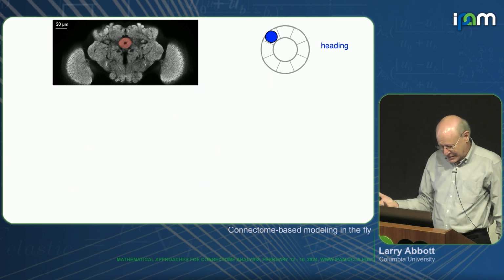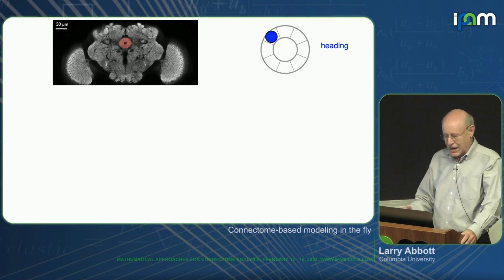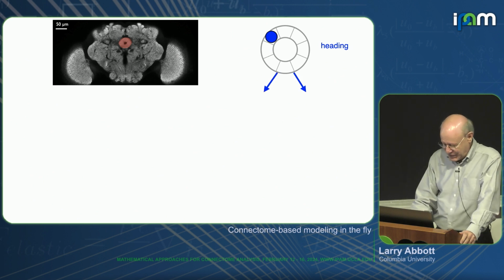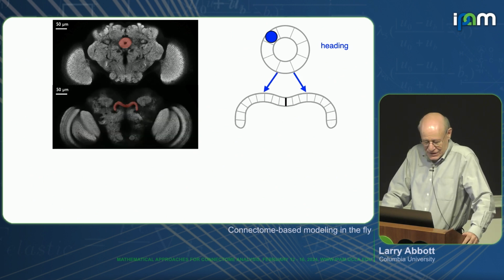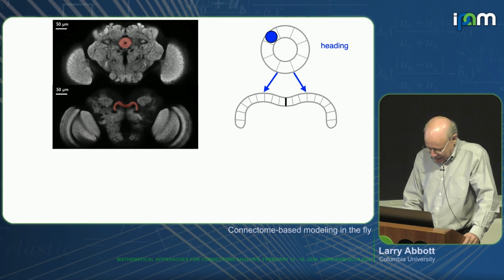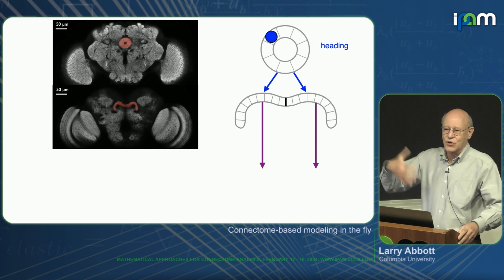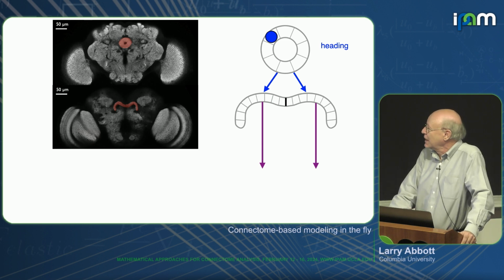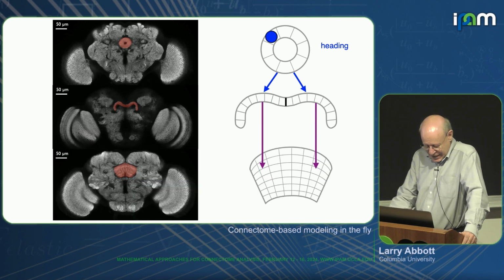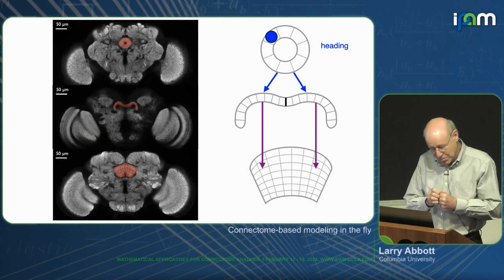Okay, so we have a heading signal, and I think as Vivek also said, that gets passed down through the layers of this system, or through the different components of this system. It goes to the protocerebral bridge. At that point, another set of neurons picks up the heading signal and, through a transduction that I'm going to talk about in just a second, sends it to the fan-shaped body.